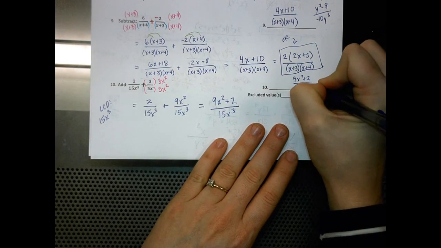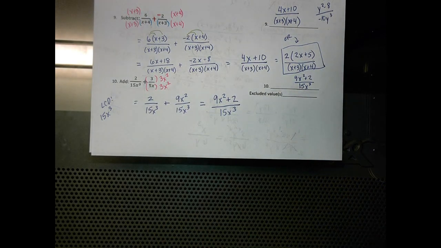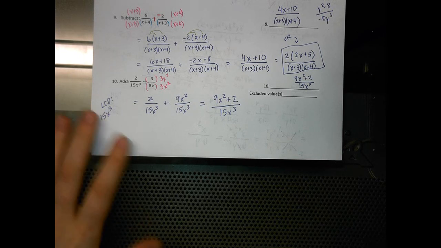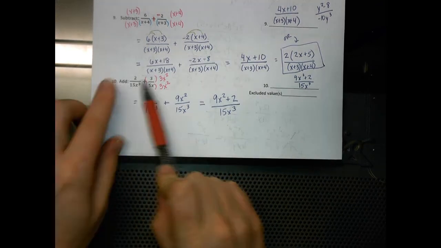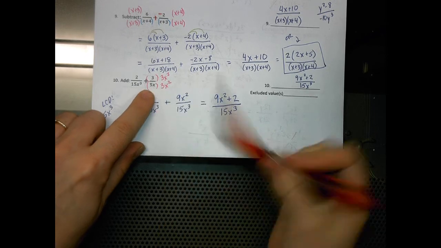Let's talk about excluded values. At any point throughout your solving process, if your denominator equals 0 for that x value, then that x value cannot be used. So, starting with our very beginning, what number would I plug in to make 5x equal to 0? 0.